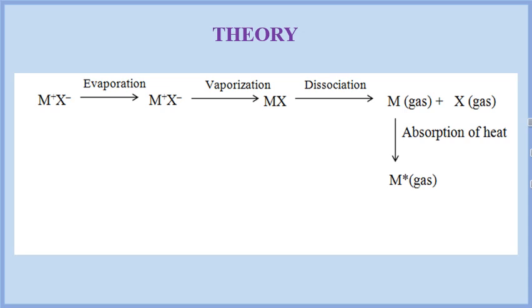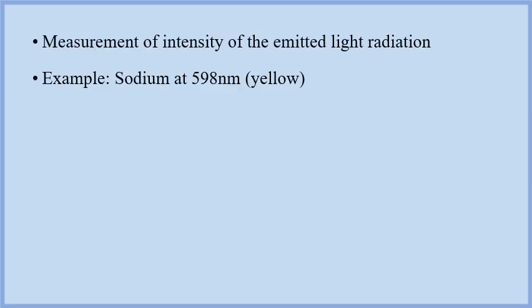But the atoms in the excited level are unstable and fall back to their ground level by emitting energy in the form of light radiation. The intensity of the emitted light radiation is proportional to the number of atoms in the excited state, which in turn is proportional to the concentration of the solution fed to the flame.